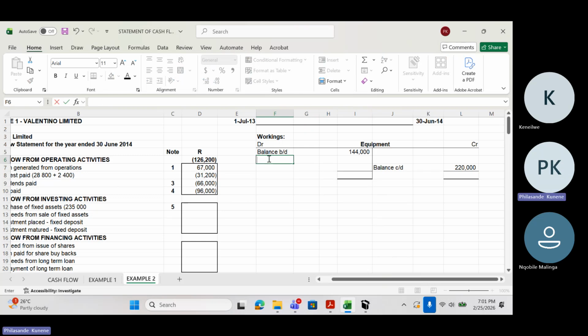Let me just say bank, but this is actually additions on the fixed asset note. And then on the credit side, I'm going to have asset disposal. I'm talking about the cost price of the assets that were disposed.